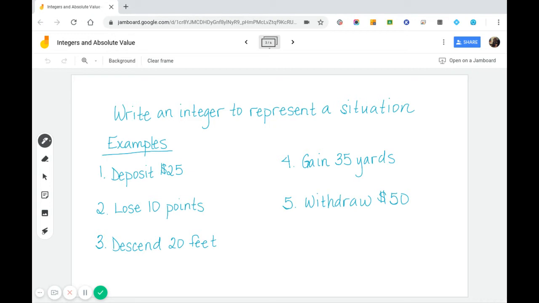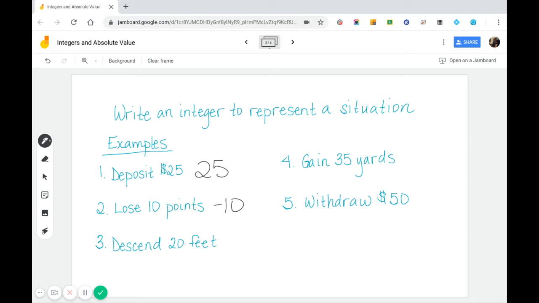So a deposit of 25, deposit is when you add money into your bank account. So that would just be a normal positive 25. Don't put the plus sign, just put 25. If you lose 10 points, that would be represented with a negative 10.